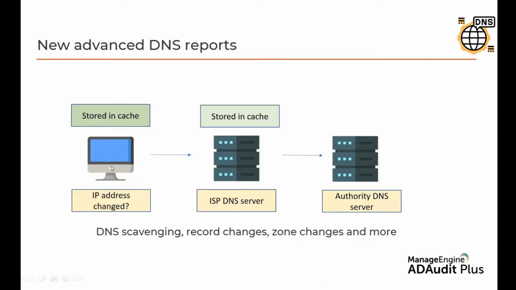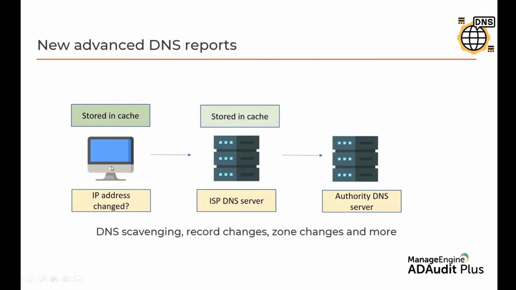So what's special in it? Okay, it has some special reports. As I mentioned in the slide deck, we can track changes even at the minute level for any records in the DNS zones and nodes. Importantly, we can track DNS scavenging.